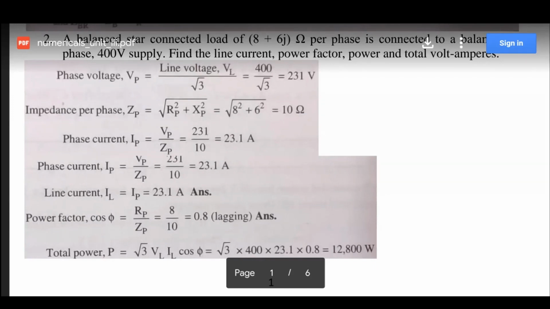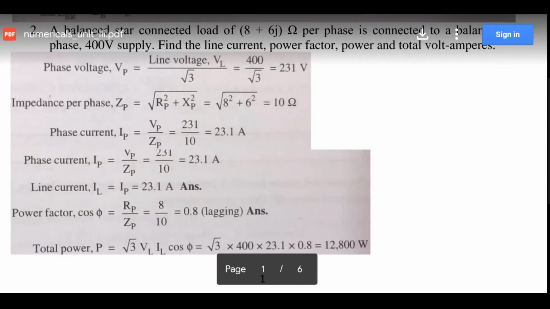But in our numerical, it is not given which type of power is to be calculated. So whenever there is an ambiguity regarding which type of power is to be calculated, you have to always go for the real power.